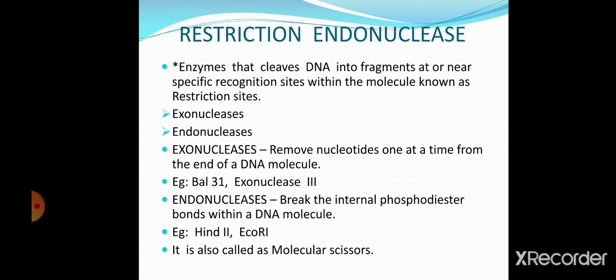So what is the difference between exonuclease and endonuclease? Exonucleases are enzymes which remove nucleotides one at a time from the end of a DNA molecule, whereas endonucleases are enzymes which break the internal phosphodiester bonds within the DNA molecule. Okay. Next, it is also called what?